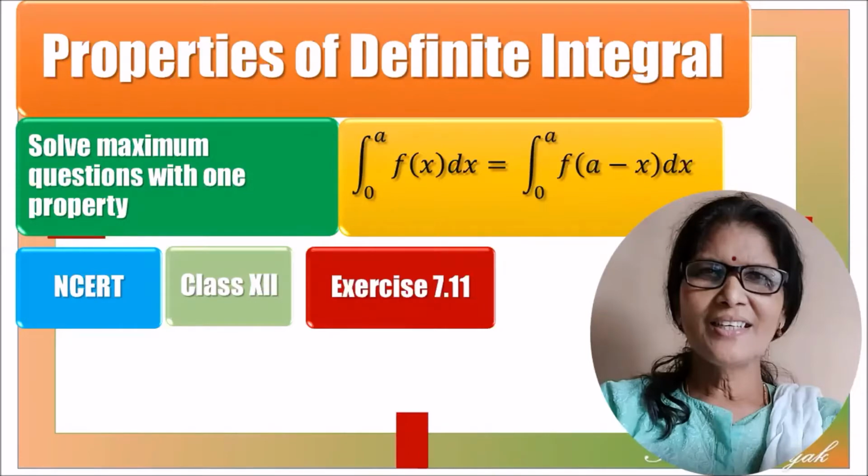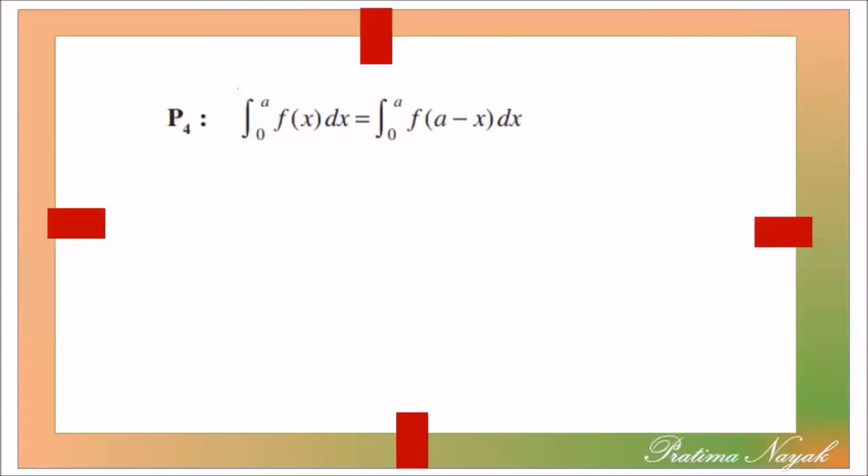Everybody can understand it and everybody can attempt the question related to this property. So let us begin. The property is property 4. The integration of 0 to a f of x dx is same as 0 to a f of a minus x dx.